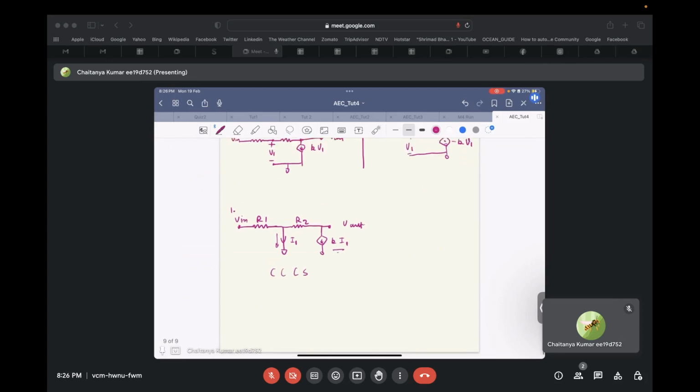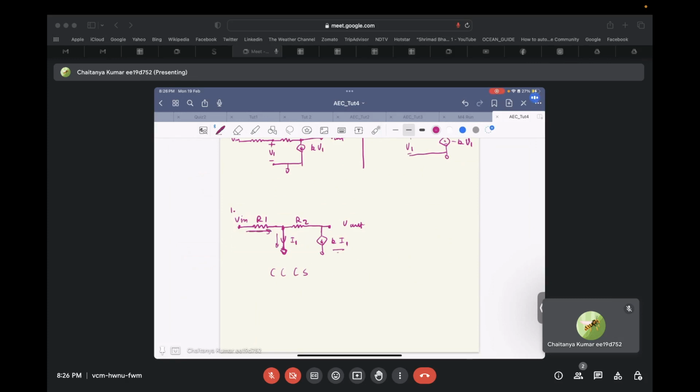Let's see what the gain is from input to output. As this particular node is connected to ground, whatever current flows through this resistor R1 will try to directly flow into this particular terminal that is ground.